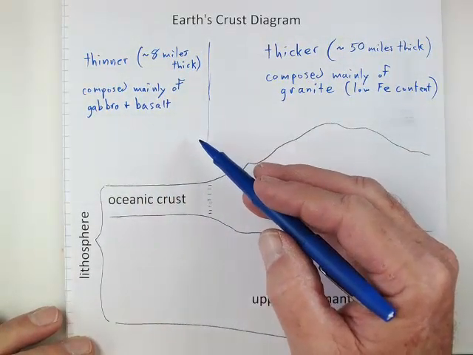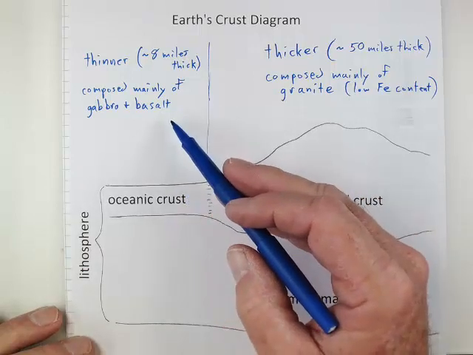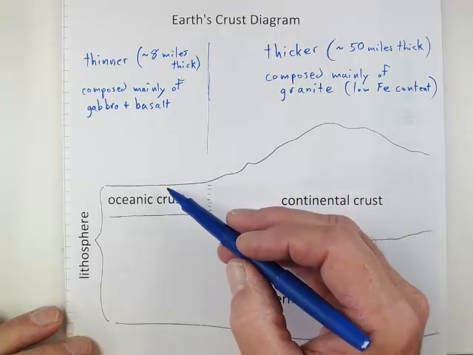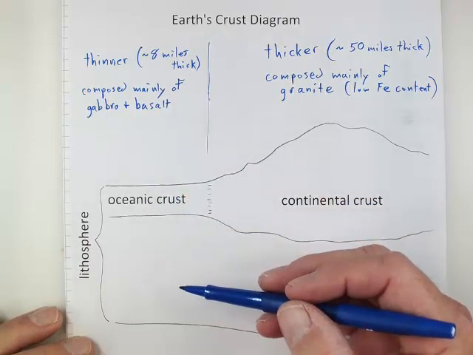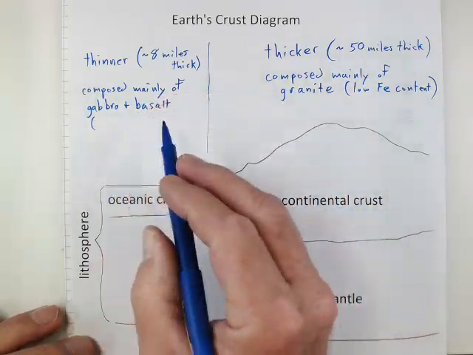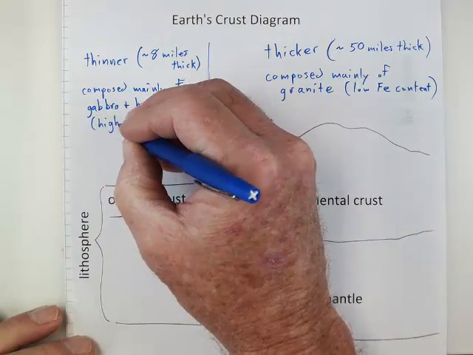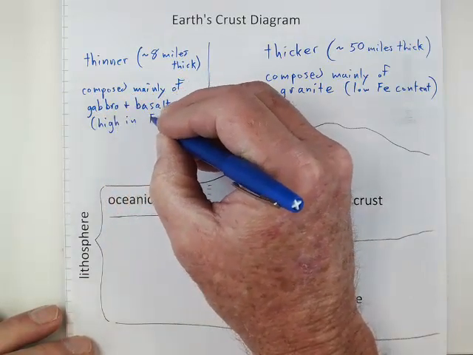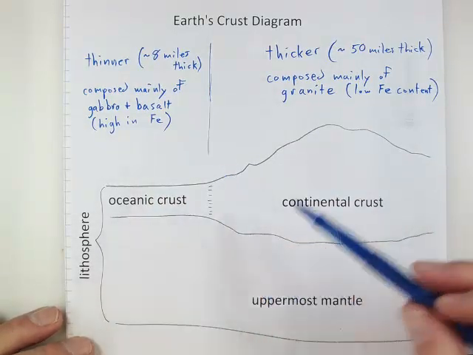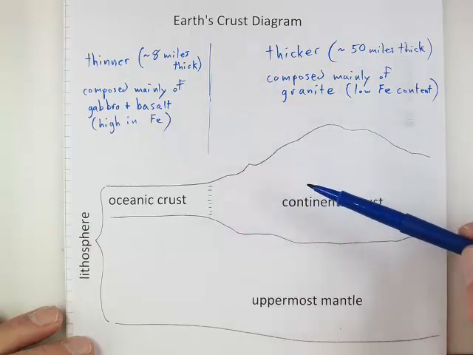We now have vessels that have been drilling into the oceanic crust, and this is what they tend to bring up. Once they get through all the sediment and sedimentary rock on the ocean floor, they're tapping into gabbro and basalt. Very abundant. These rocks have very similar compositions, and they're both high in Fe, high in iron. So already we have two fairly significant differences between the two types of crust.